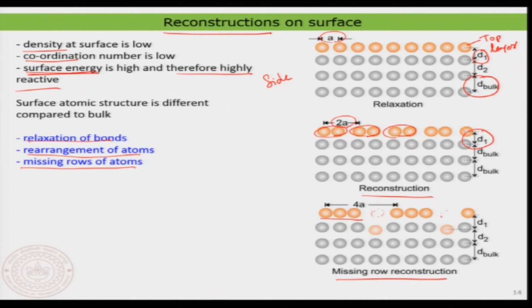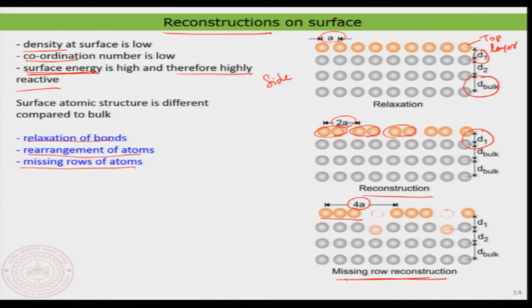So, the atom which was originally present in this zone would just be missing from the surface, and this is known as the missing row reconstruction. Now, you can see in this particular example, the periodicity has grown to 4A. So, the surface atoms have much higher periodic distances compared to the ideal one, which is A. So, this would be called a 2 times reconstruction compared to the original, or this would be called a 4 times reconstruction, and so on.